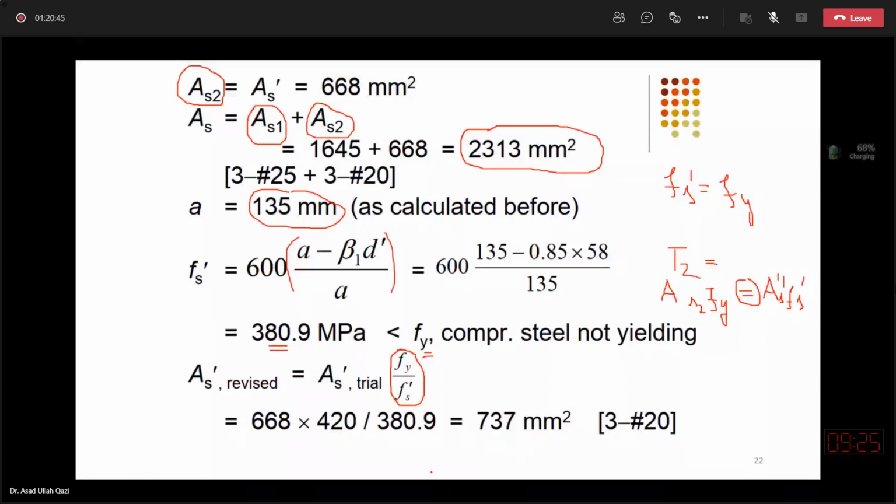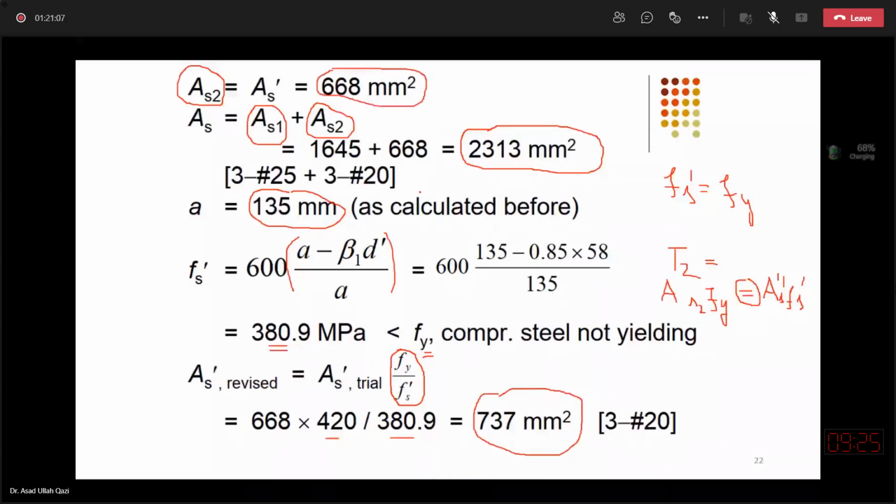So in this way, a little enhancement is done, and your revised compression steel area has increased from 668 to 737. And this is now final.